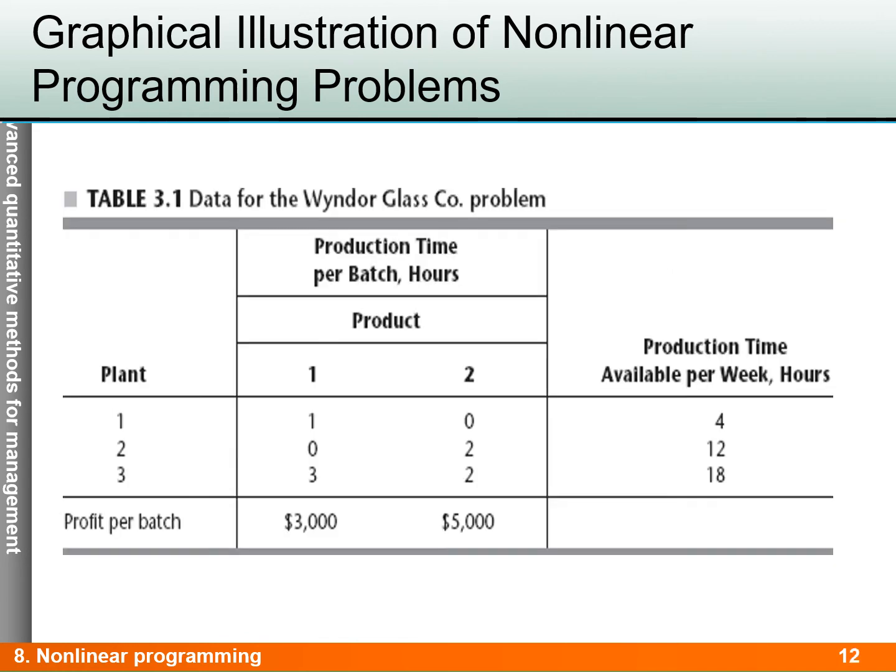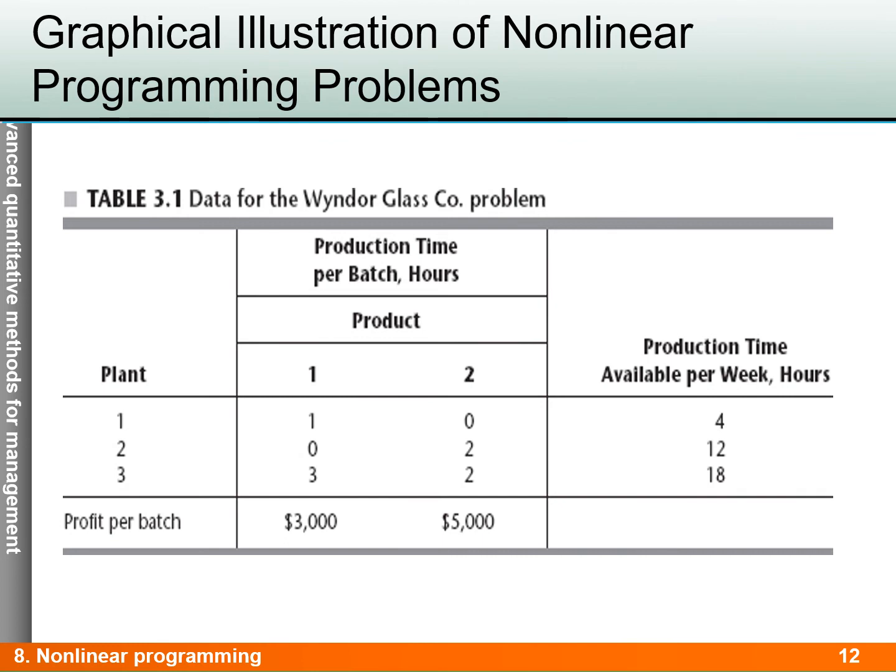Let's continue. For these two products, product 1 and 2 that we reviewed in the previous slide, we know here in this table that, for example, product 1 needs 1 unit from plant 1, nothing from plant 2, and 3 from plant 3. Product 2 needs 0 from plant 1, 2 from plant 2, and 2 from plant 3.